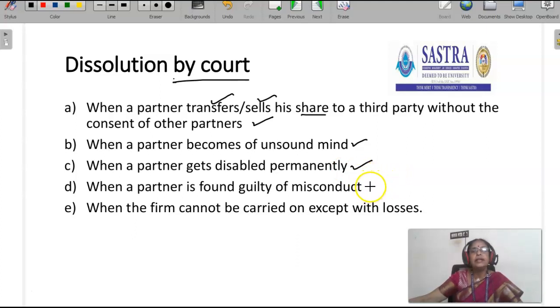When a partner is found guilty of misconduct, then the partnership firm comes to an end. When the firm cannot be carried on except with losses, in these circumstances, the court will interfere and dissolve the partnership firm.